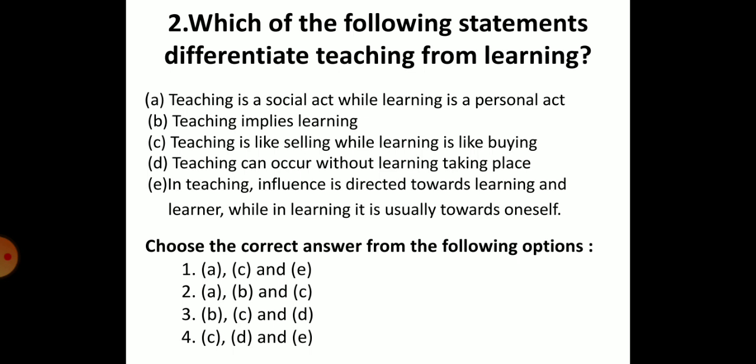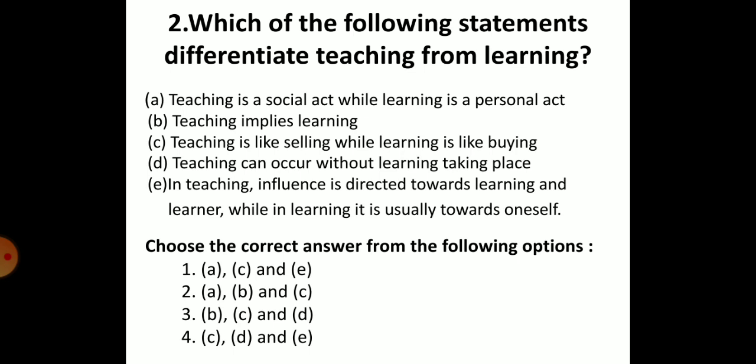Next question. Which of the following statements differentiate teaching from learning? Options are given. A: Teaching is a social act, while learning is a personal act. B: Teaching implies learning. C: Teaching is like selling, while learning is like buying. D: Teaching can occur without learning taking place.